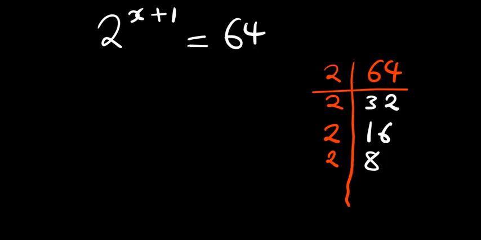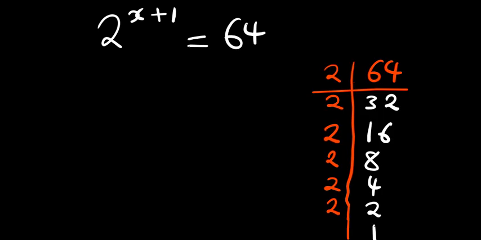Since it is giving me a 4, again I'm going to divide by 2 until I reach the 2 that I want. 2 divided into 4, that is a 2. Again I'm going to drop the 2 until I reach the smallest number. 2 into 2, that just gives me a 1.